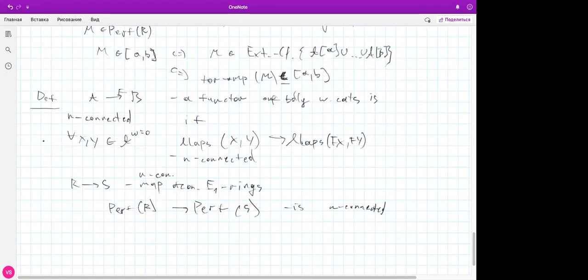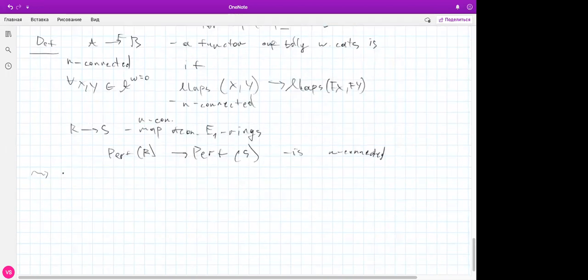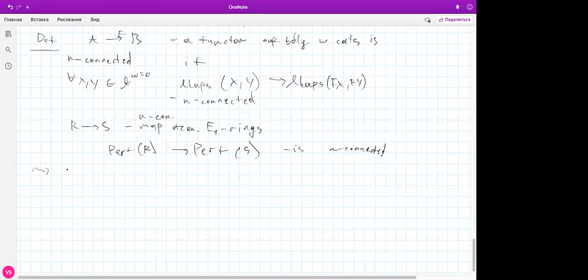And of course, with this definition, I can also give another one. I'm not going to write it because it's kind of obvious, but I can say what it means to be a pullback.